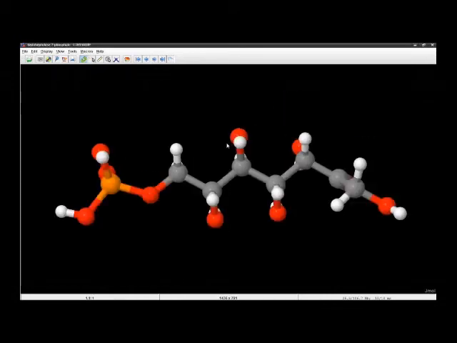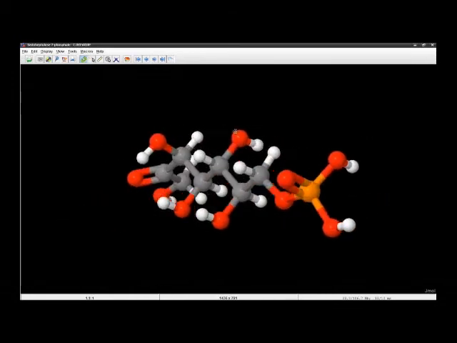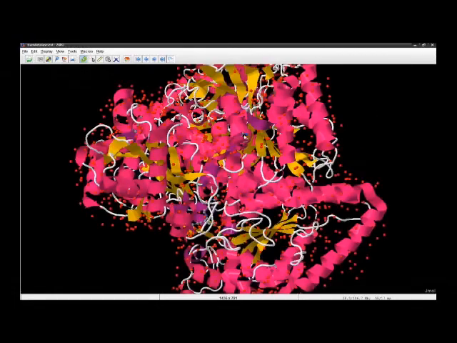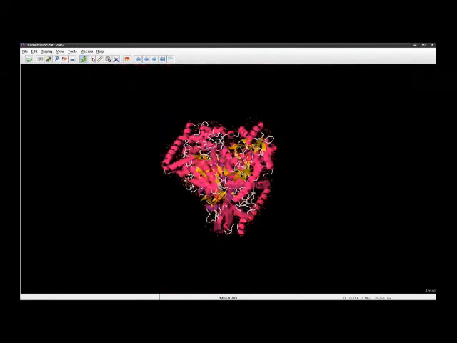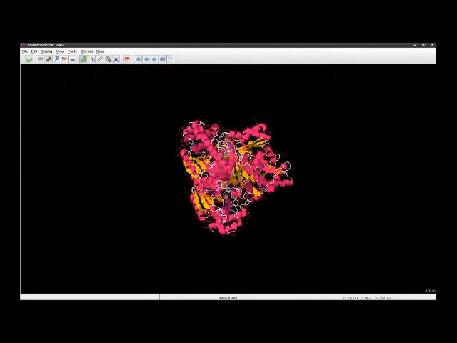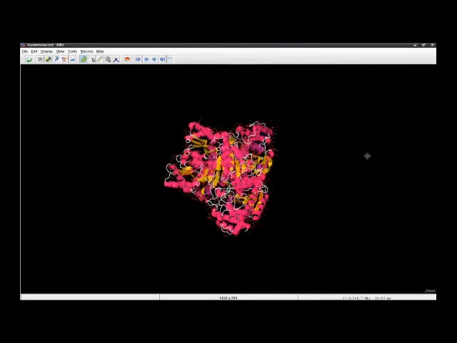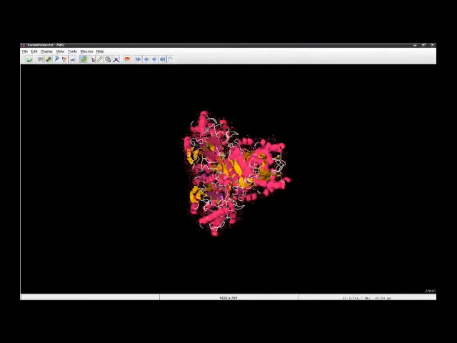This is done via transketolase, which is the name of the enzyme, and it does exactly what it sounds like it does. It'll transfer a keto group from one of the 5-carbon molecules into the 7-carbon molecule. This is the transketolase enzyme. As you can see, it's very large, and it includes many alpha helices.